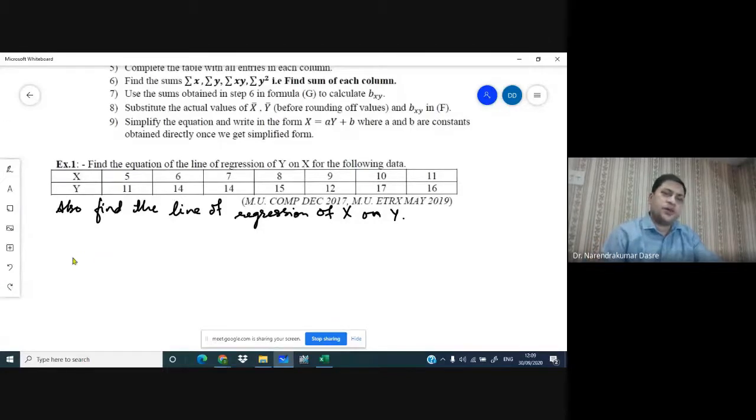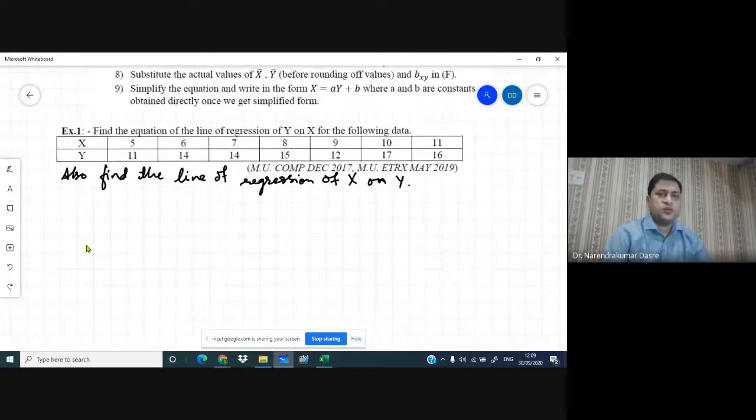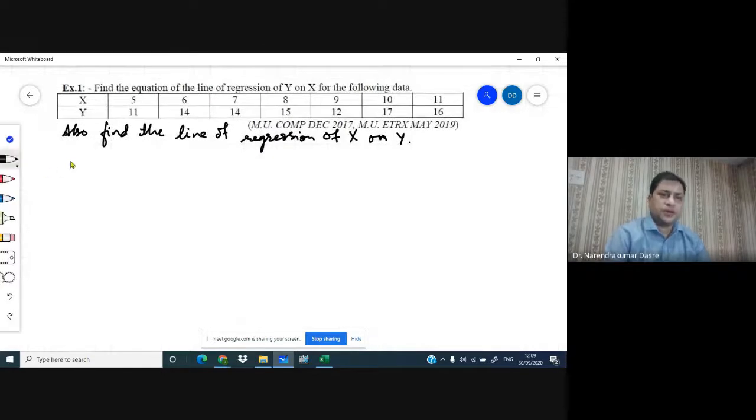As I said, we want to find both the lines. So let us have the table. So what we know is here is the solution.